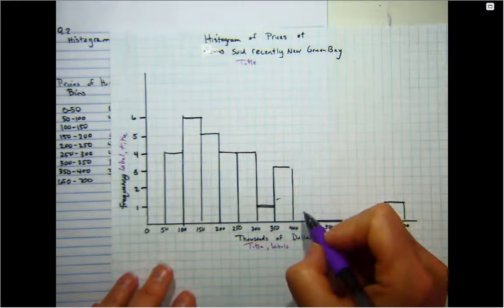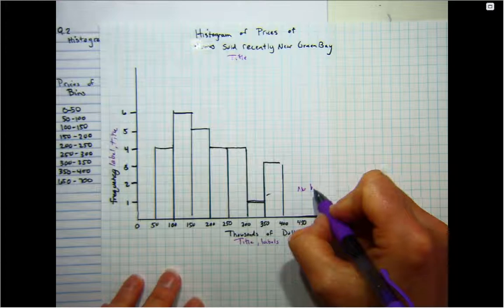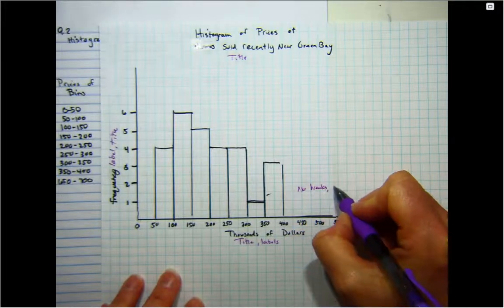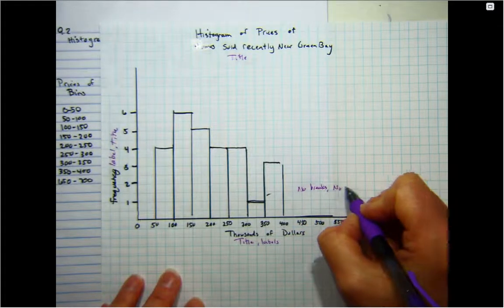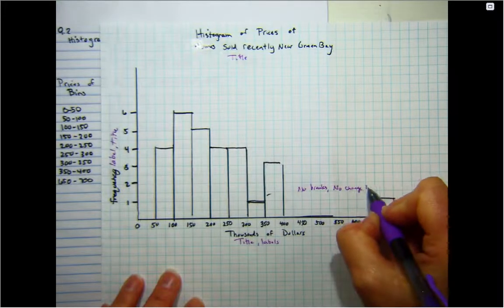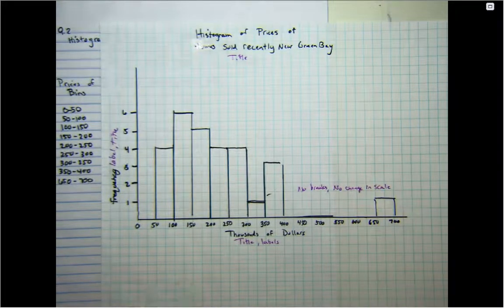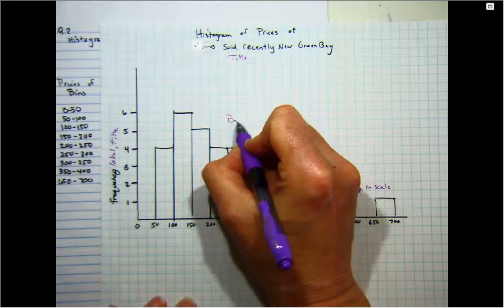And you have no breaks, no change in scale. You want that scale to stay consistent because that's what you're trying to exhibit. And if you're changing your scale, that's distorting your data. And then the bars are right next to each other.